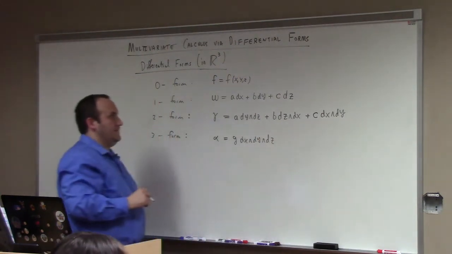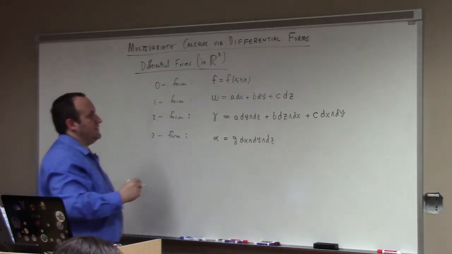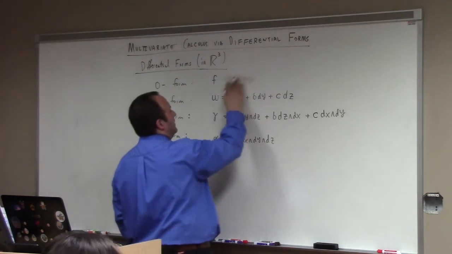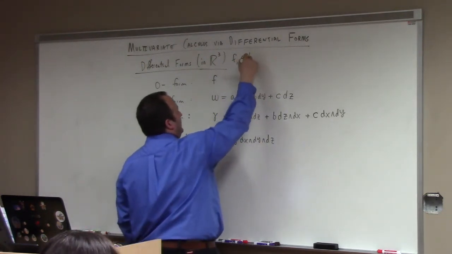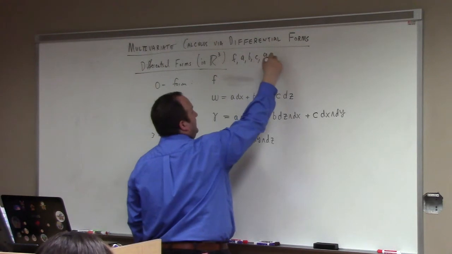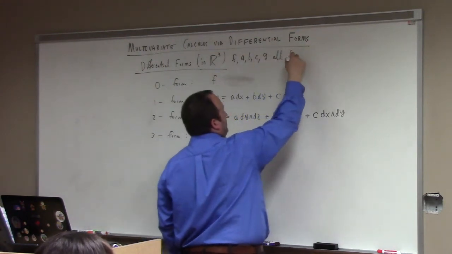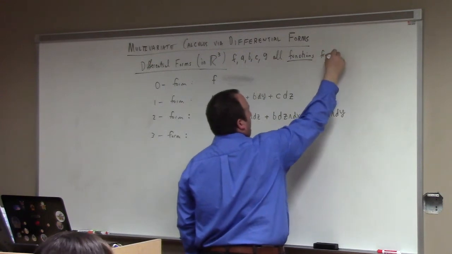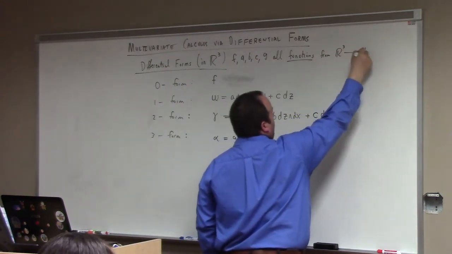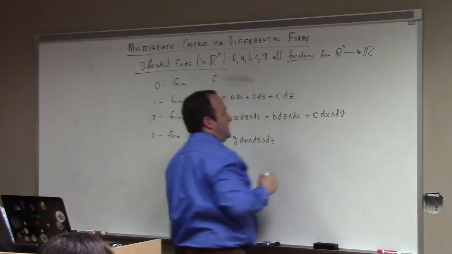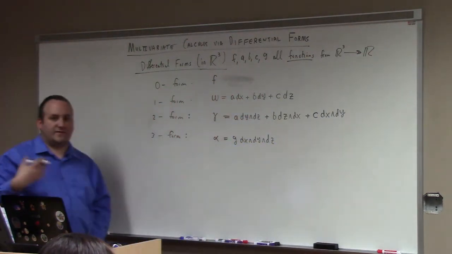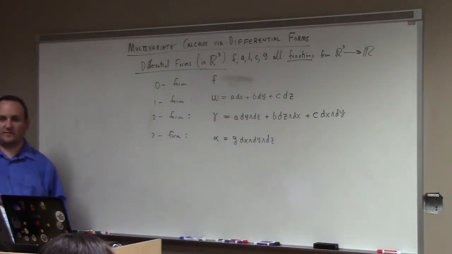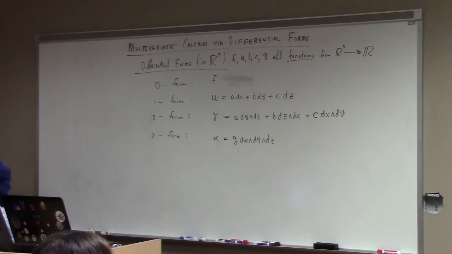Just to be clear here, f, a, b, c, and g are all functions from R3 to R. Now you could specialize it just like we usually do. You could have a function defined just on part of R3, but generically speaking, its domain is some subset of R3. This is a 0 form, 1 form, 2 form.